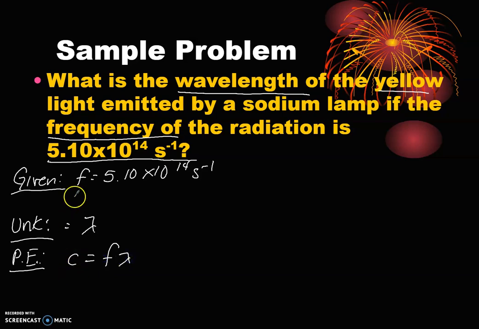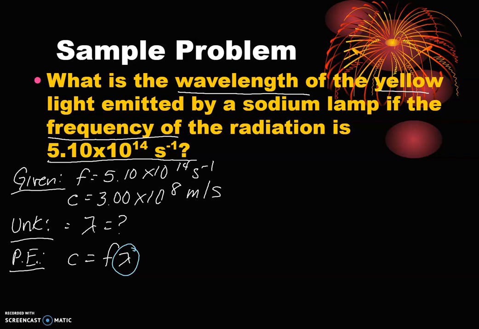So I need this constant C. It'll be given to you on your papers. You do not need to memorize it, but we use it so much that you kind of commit it to memory. You are looking for what our wavelength is going to be. So how do we solve for wavelength?